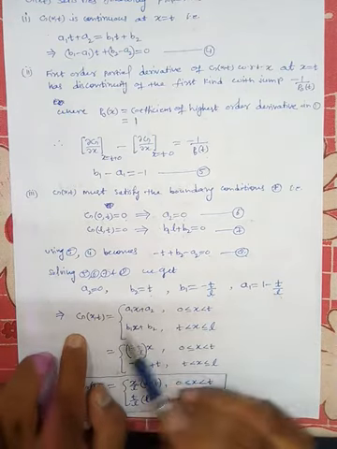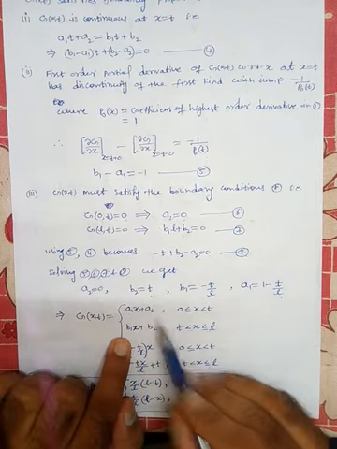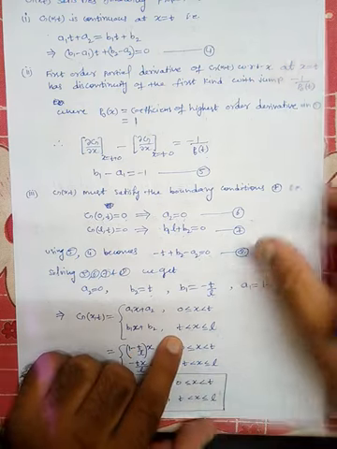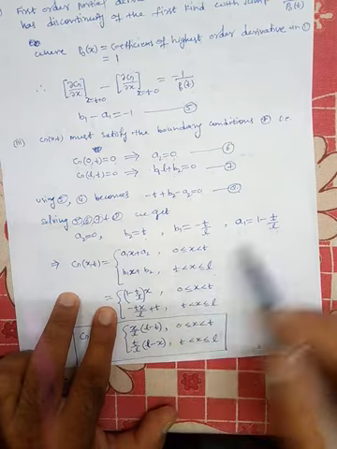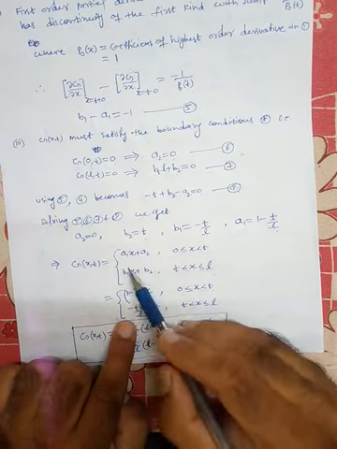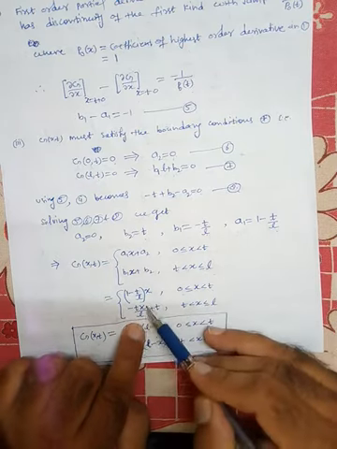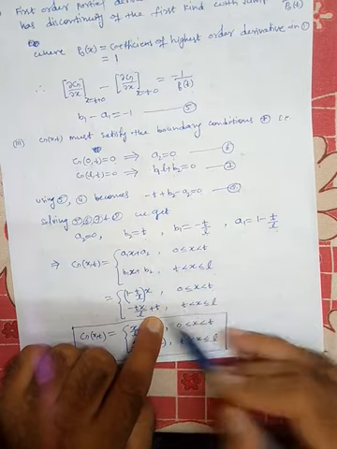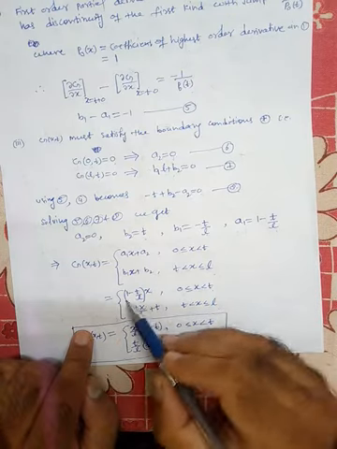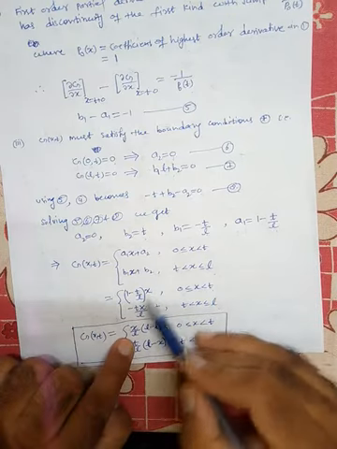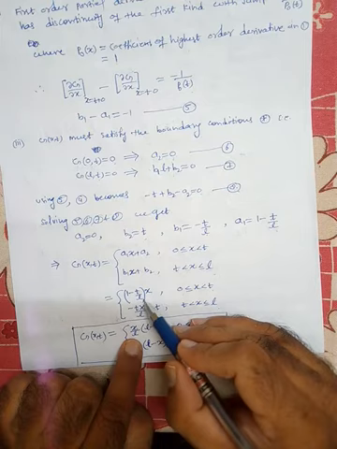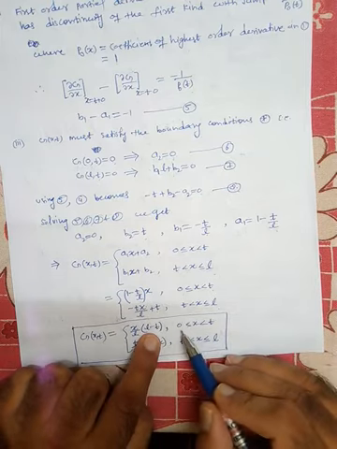Based on this, Green's function G(x,t) will be a1 x plus a2 between 0 and t, and b1 x plus b2 between t and L. Substitute the values. a1 is 1 minus t by L, times x, from 0 to t, and here b1 is minus t by L, so minus t x by L plus b2, which is t, so t minus t x by L, for x from t to L. So G(x,t) will be (x/L)(L minus t) for x from 0 to t.